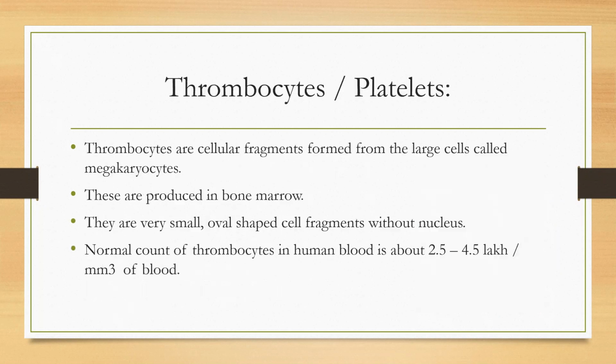Now the last part of the formed cells. We have studied formed cells. They are of three types: erythrocytes or RBCs, WBCs or leukocytes, and the third type is thrombocytes. Thrombocytes are also called platelets.